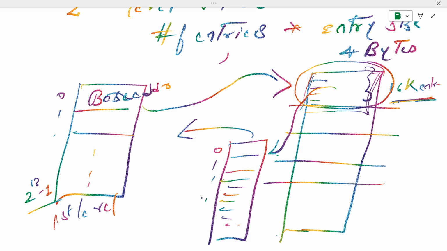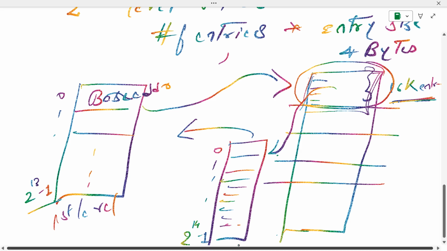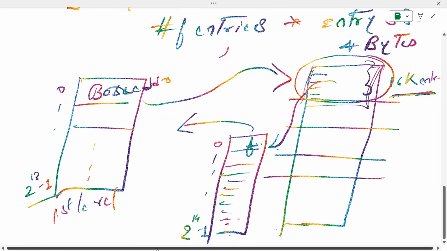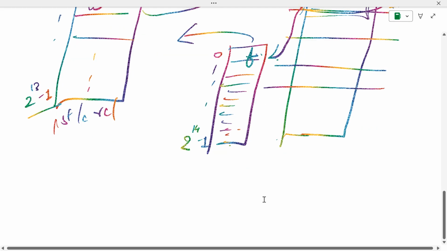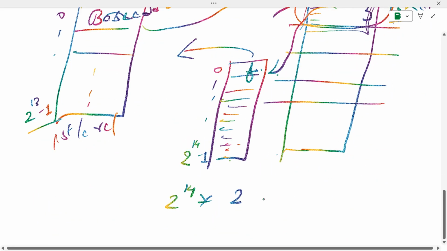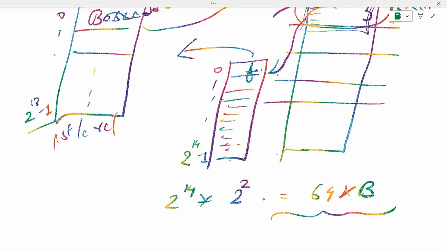So 0, 1 and so on up to 2 raised to the power 14 minus 1 entries, right? This will contain our frame number. So the second level page table size is equal to the number of entries, that is 2 raised to the power 14 into 2 raised to the power 2, that is 4 bytes. So it is altogether 64 kilobytes. So the second level page table is 64 kilobytes.